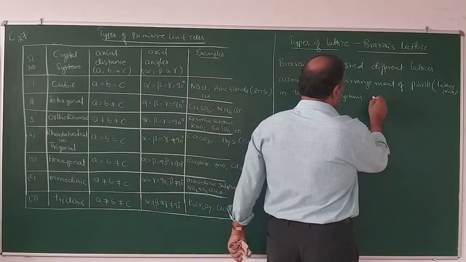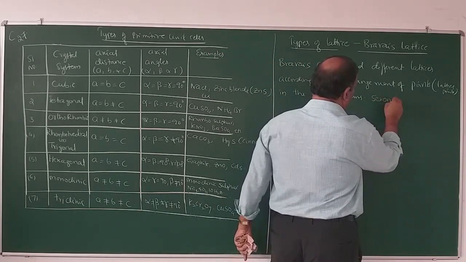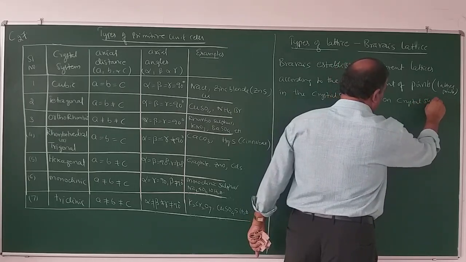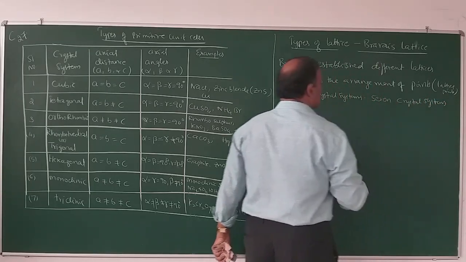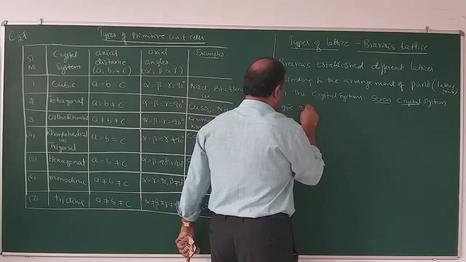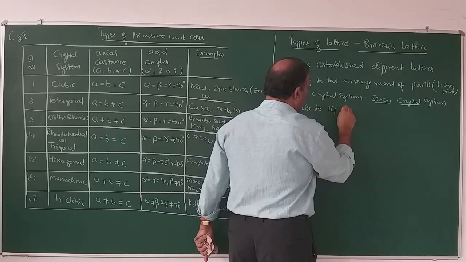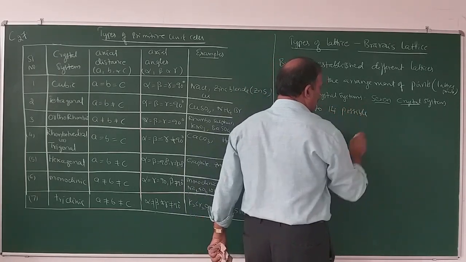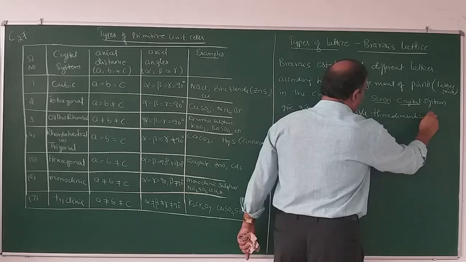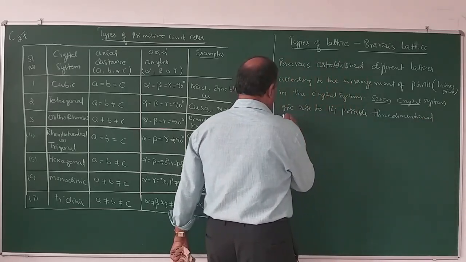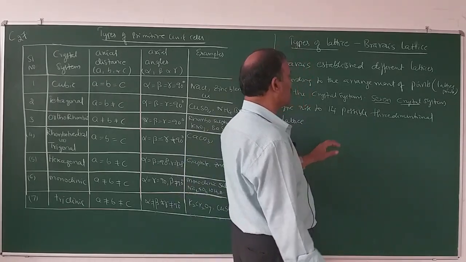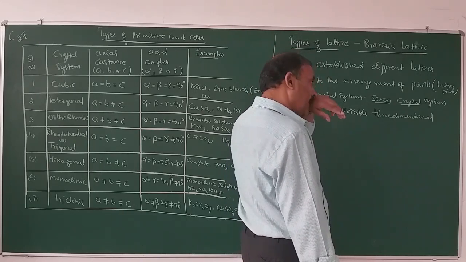So 7 crystal systems give rise to 14 possible 3-dimensional lattices. So by the arrangement of points in different crystal systems, we will get different lattices.